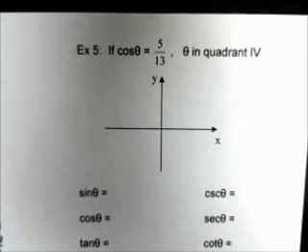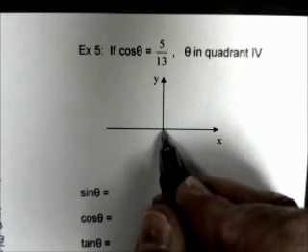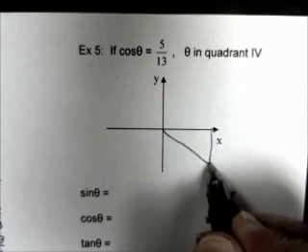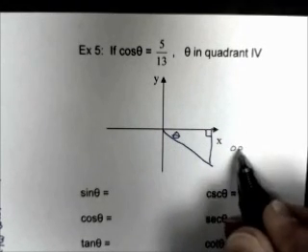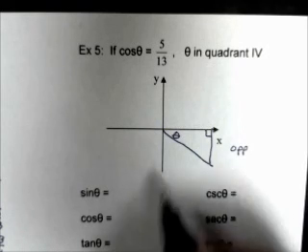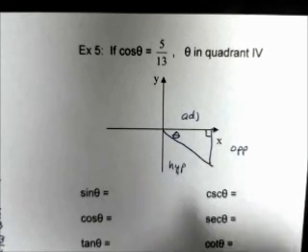Number 5, if cosine theta equals 5/13 and theta is in quadrant 4. Okay, so we draw a right triangle in quadrant 4. In relation to theta, we have the side opposite, adjacent, and the hypotenuse.